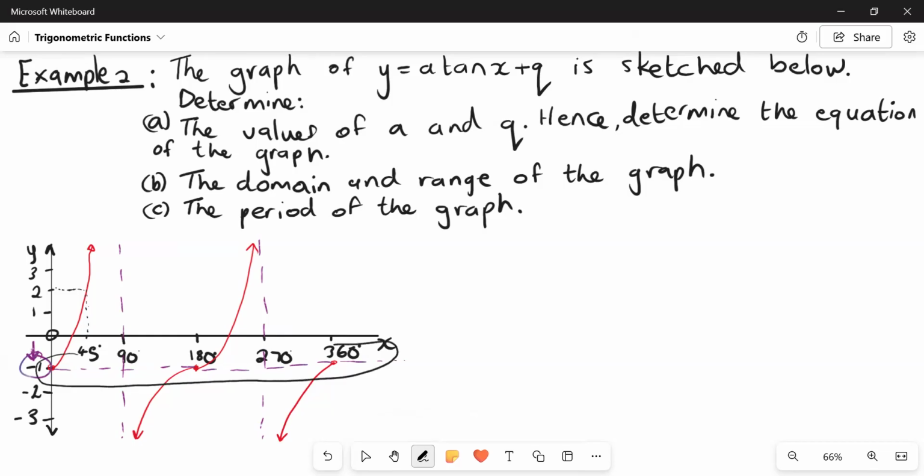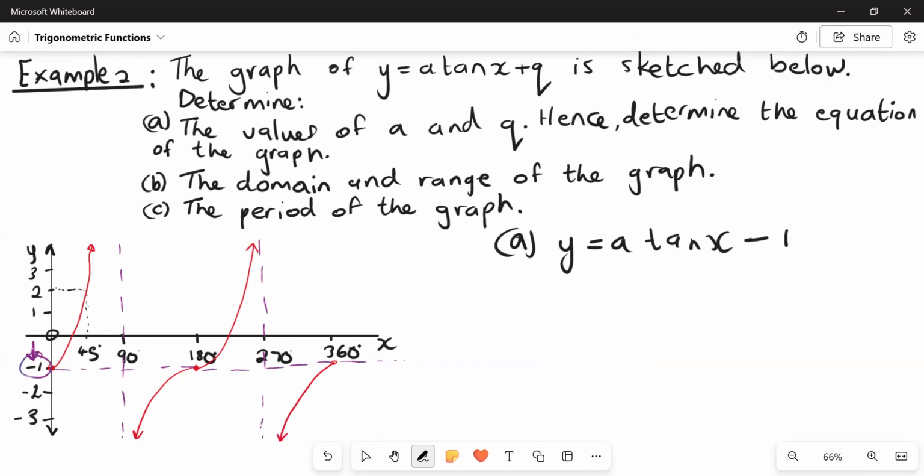So the graph went down by -1. Perfect. So that's the first step. That's our point of departure. So you can say y equals a tan x. For q, we have -1 because it went down 1 unit.